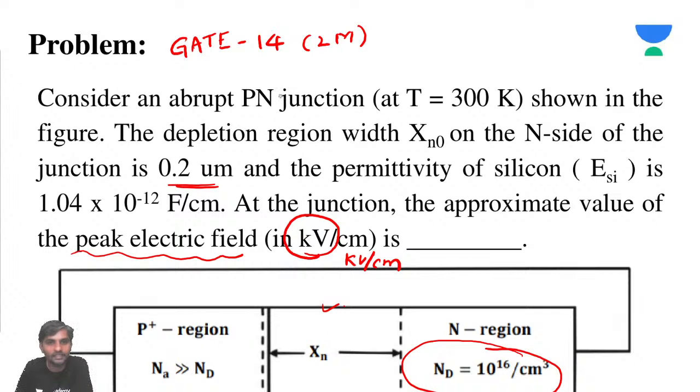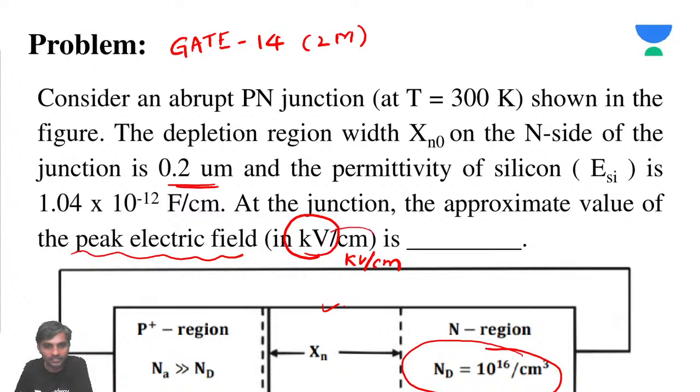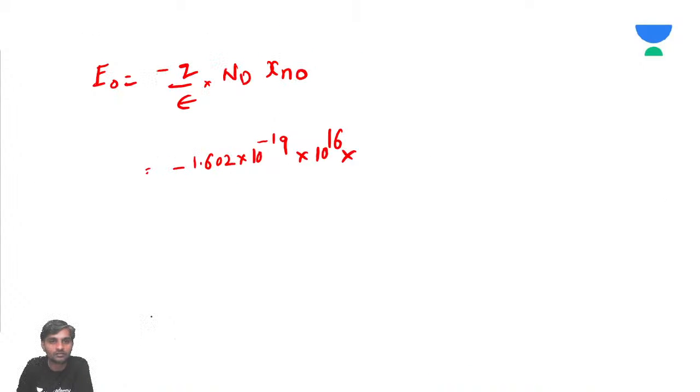But this ND is in per centimeter cubed, so the answer is also in centimeters. So convert this 0.2 micrometers into centimeters. That is 0.2 into 10 to the power of minus 6 into 100.